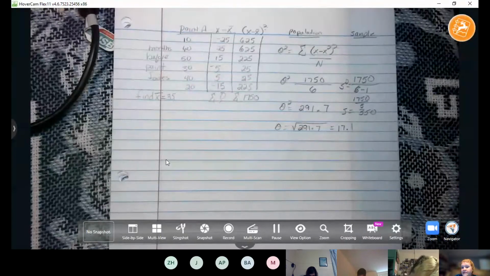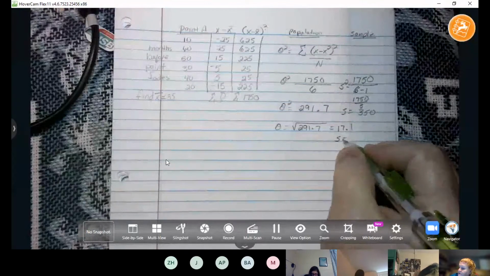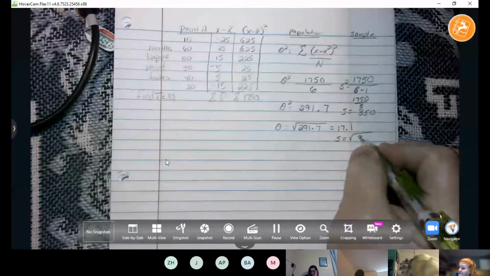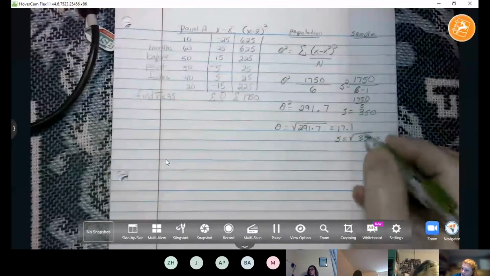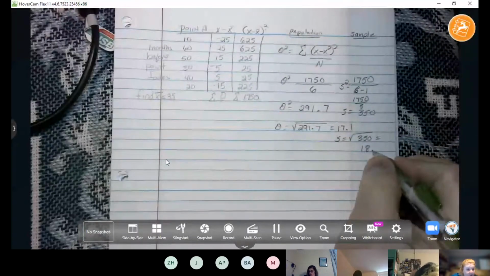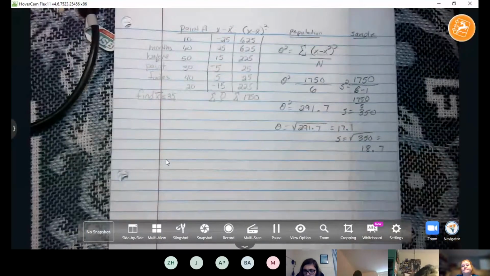And then how are you going to find the standard deviation? You're going to take the square root of 350, which is going to give you 18.7.